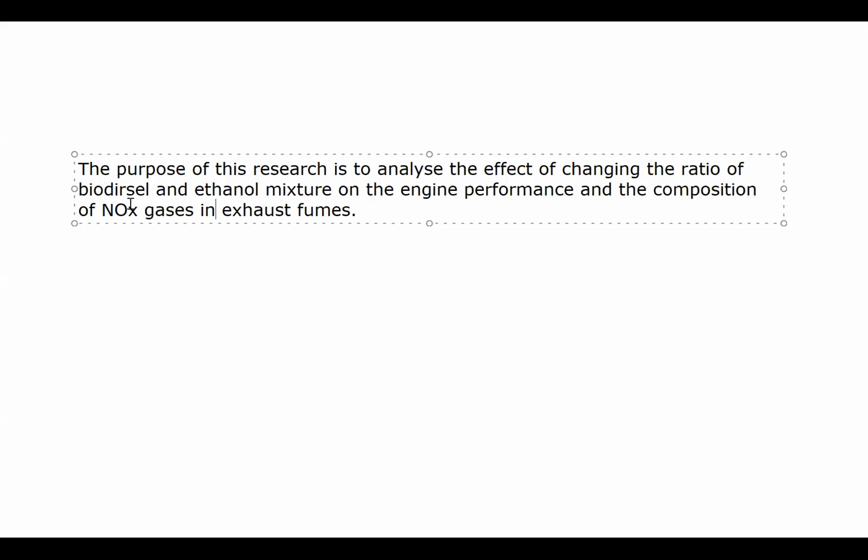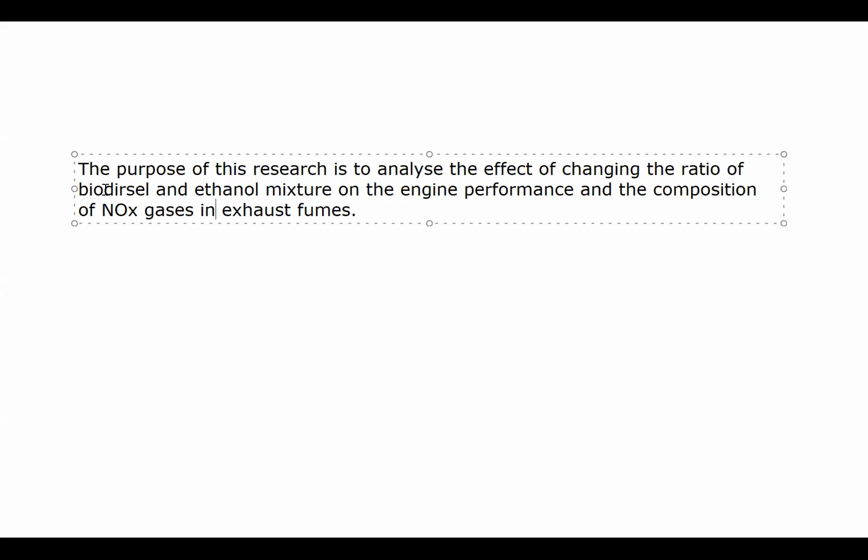For those of you who are not much of chemistry students, NOx stands for nitrogen oxides. Nitrogen oxides are produced in the engine during the reactions inside the engine. The higher the temperature inside the engine, the more likely you will produce NOx gases.